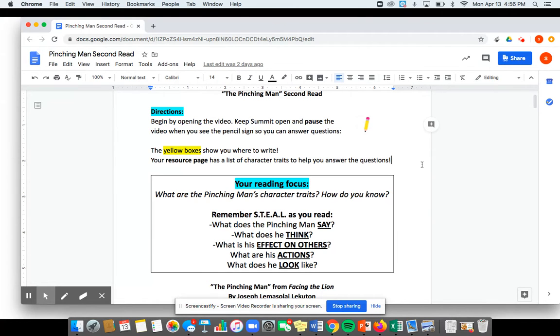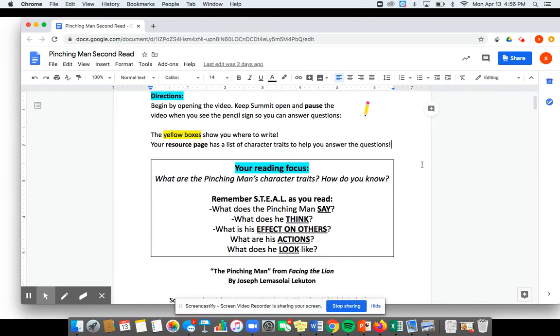All right, so for checkpoint 10, you're going to log in on Summit. You'll see something that looks like this, and you'll have the directions here. And like always, the yellow boxes tell you where to write. I want to point this out: your resource page on Summit has a list of character traits to help you answer the question.